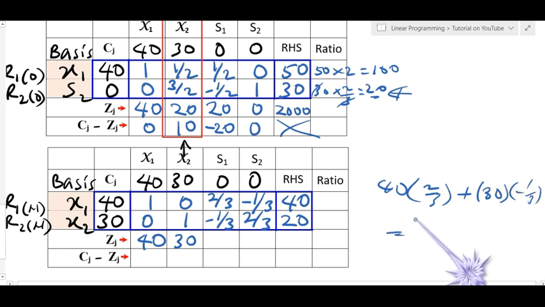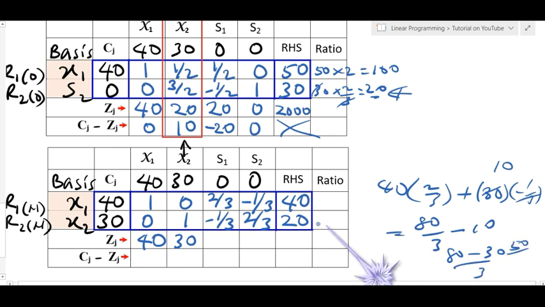That will give us 80 over 3 minus 10. That's 10 minus 10. LCM is 3. We have 80 minus 30. Because this over 1, 3, that's 30. This is going to give us 50 over 3.